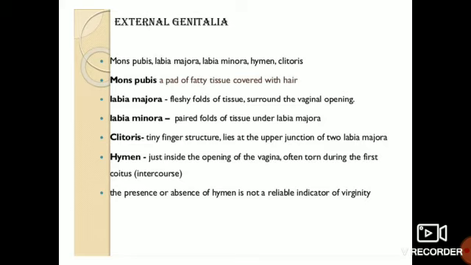For ages it has been thought to be the indicator of a girl's virginity, but nowadays it cannot be the only reliable indicator, because there are many reasons for the hymen to break: vigorous sports activities, cycling, gymnastics, and other physical activities may lead to its breaking. So we cannot take it for granted that the hymen is a reliable indicator of virginity.